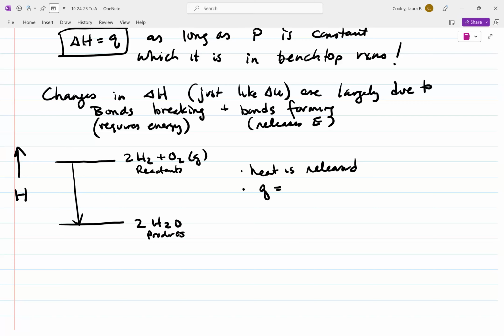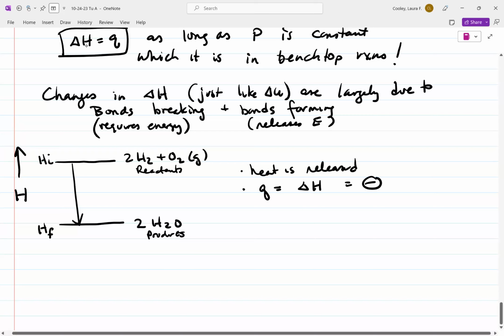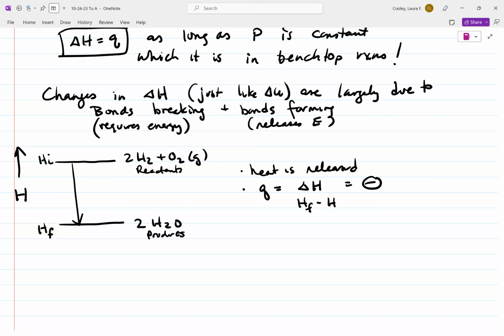This Q is equal to the delta H, which is negative because here's our final and here's our initial. So delta H is H final minus H initial, and the final is lower than the initial. So when we subtract a larger number from a smaller number, we get something negative.